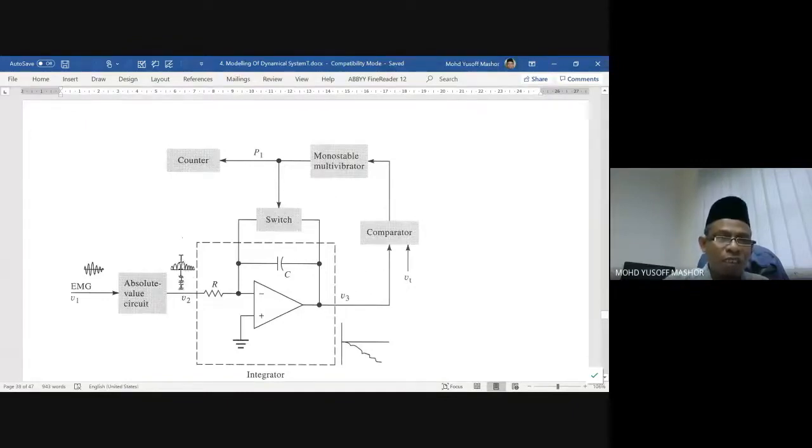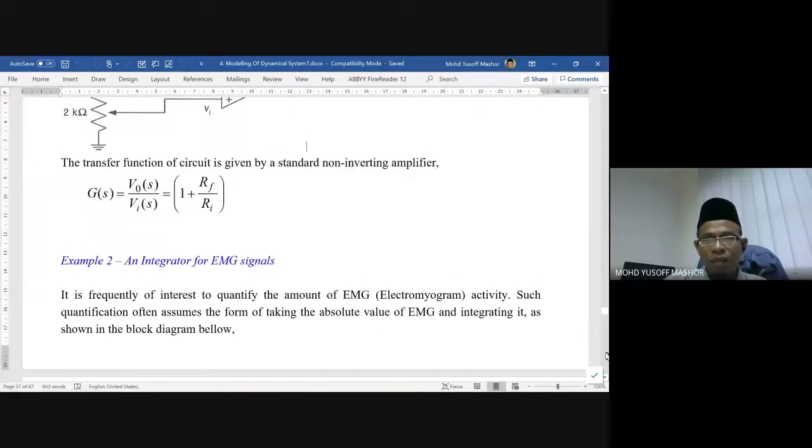If the exercise is extensive, that means this peak is very large, then it will take a shorter time. By that, we count the amount of work that has been done by the person, not how long they exercise, but the actual work or energy spent for that exercise. So this is what we call the EMG integrated signal.